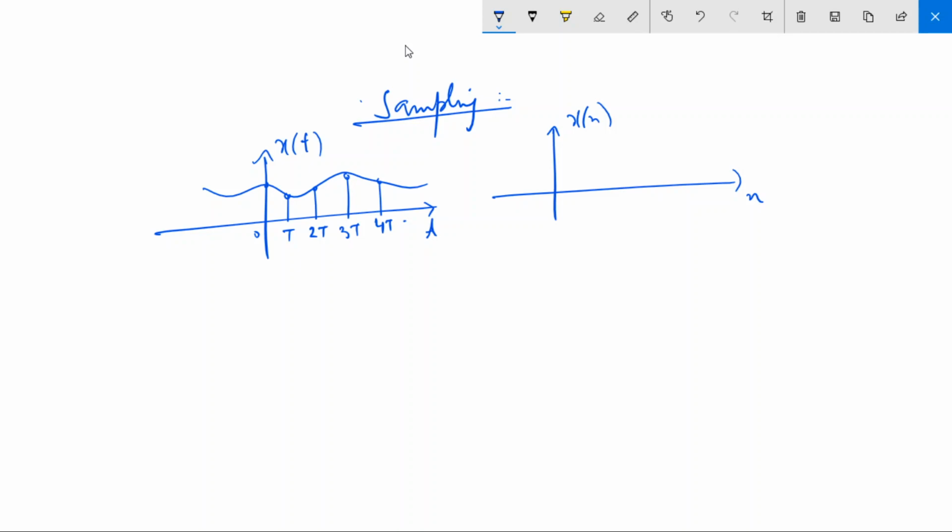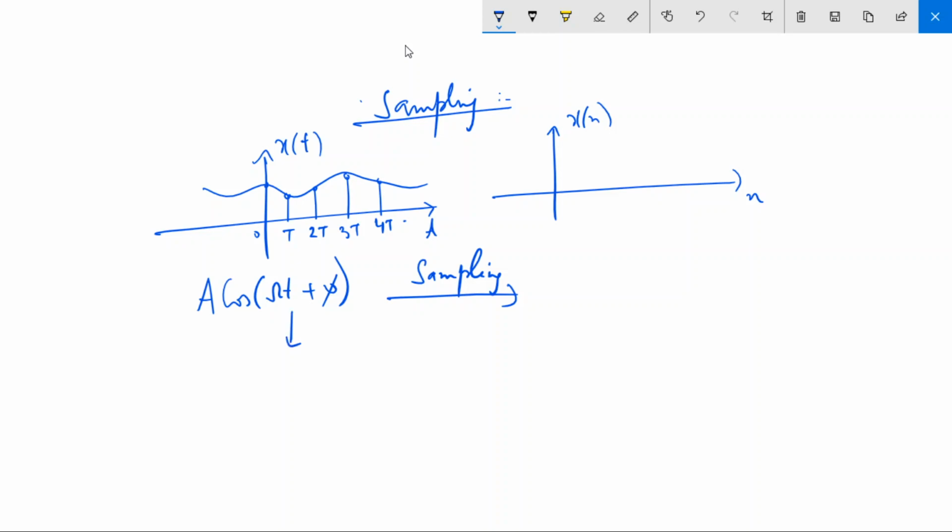So we will start again from the continuous time sinusoid A cos(omega t plus phi). So sampling of this signal, what it means? If I sample it, for this function I am just taking the values at t 0, then capital T, then 2T.